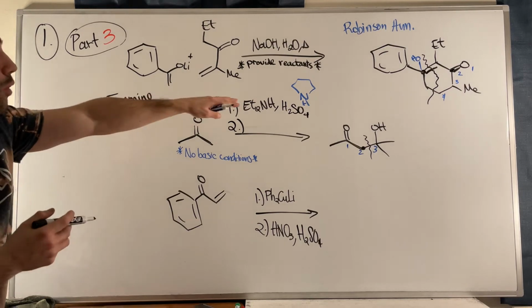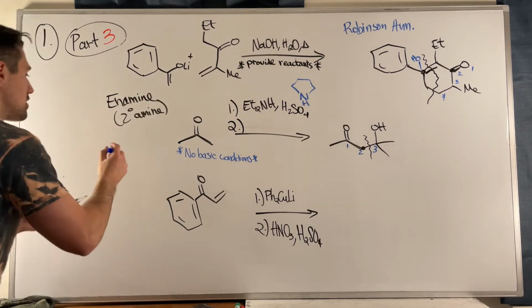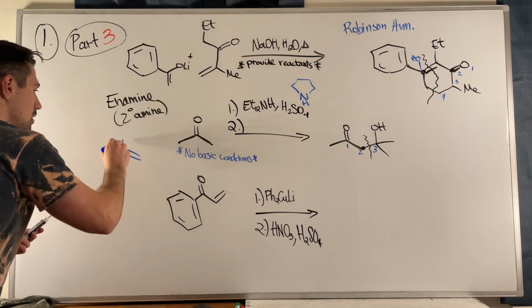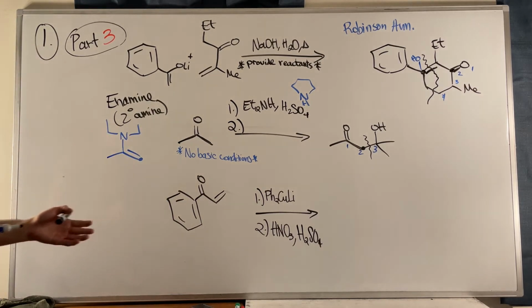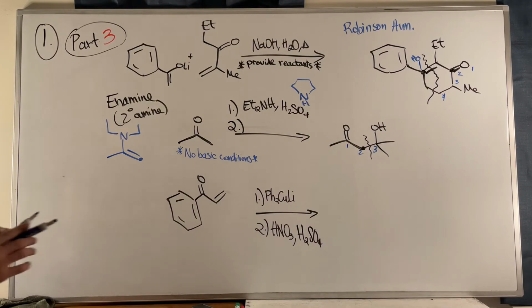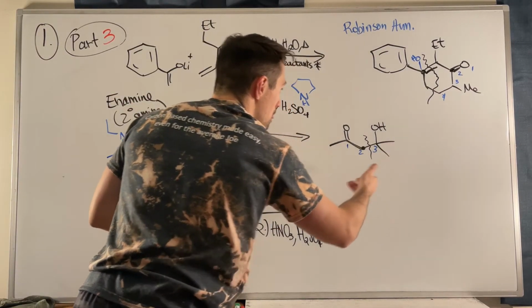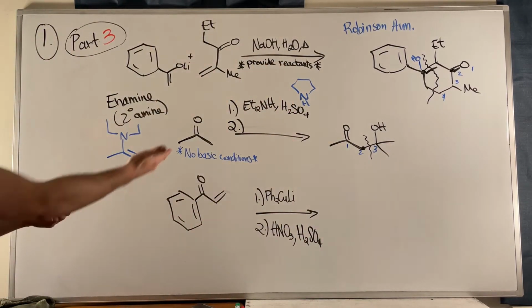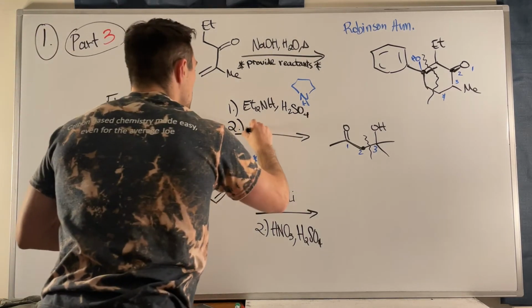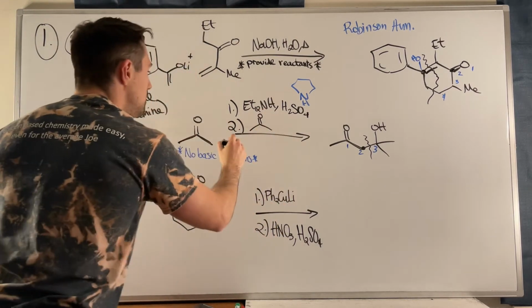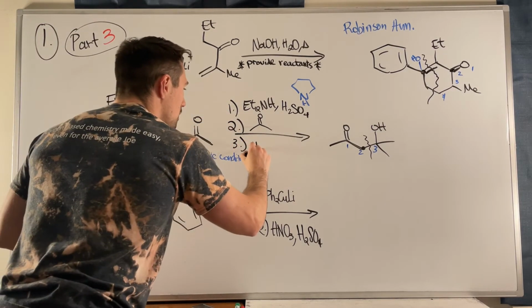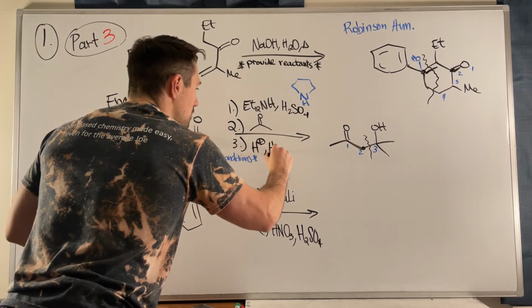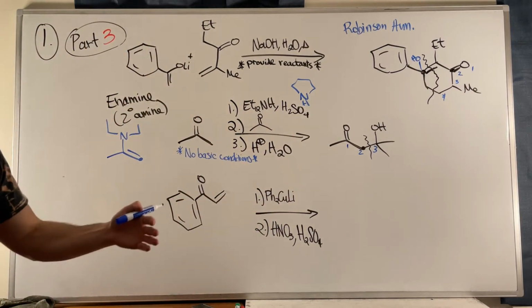So this will form our enamine, and in this situation, that would look like this. Nitrogen with this and this. This makes your carbon nucleophilic. Then we need to actually toss in the thing we're going to be attacking, which you can write again. It's just itself, right? So it does help to toss it in again, because you can assume that all of this was converted to enamine, and then you can follow that up with H+ and water, because we're going to have to unravel that enamine.